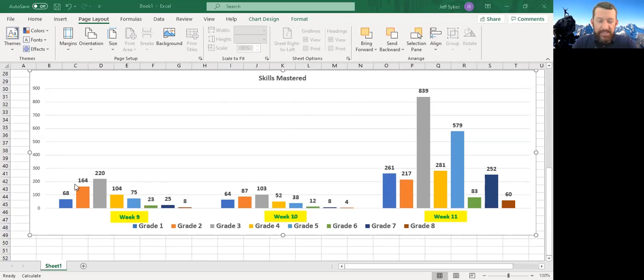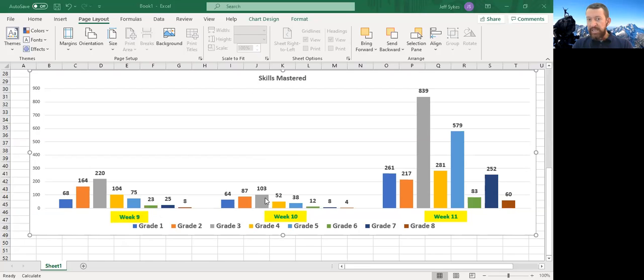This is how many skills a grade 1 student was mastering, the average amount of skills that week. Grade 2, grade 3, grade 4. So you can see in week 9, the skills that students were mastering were significantly low, meaning there were not as many students on ExactPath mastering skills, and they weren't mastering as many.